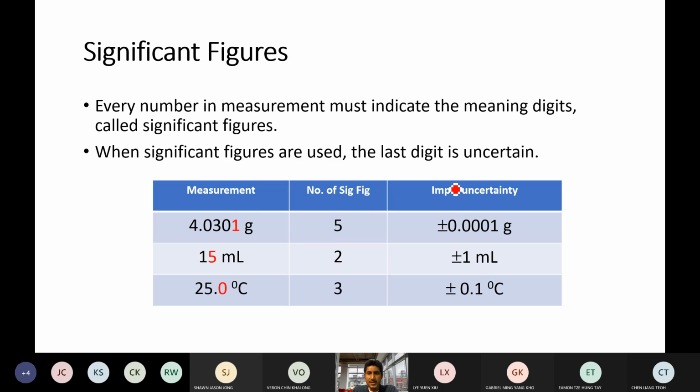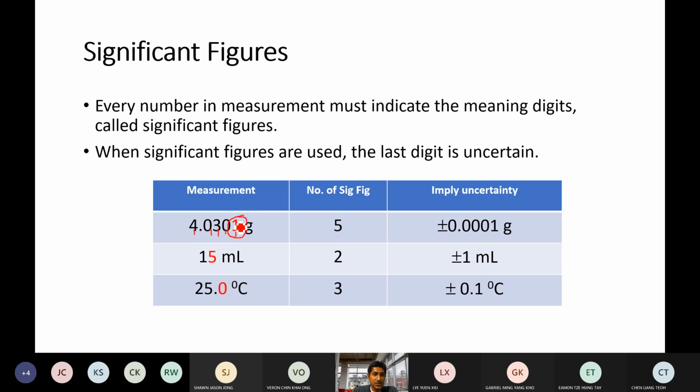Significant figures, as we have seen before. This is 5 significant figures, 1, 2, 3, 4, 5, and the last one is only the uncertainty. So this may change, it can go up or down, and we cannot say that it is exactly 4.0301.